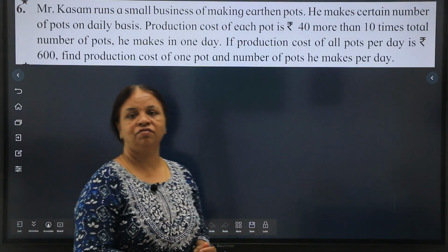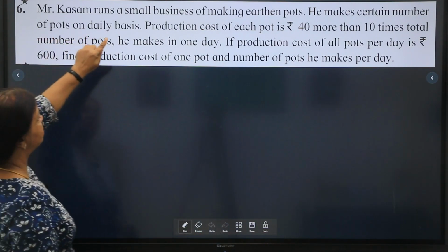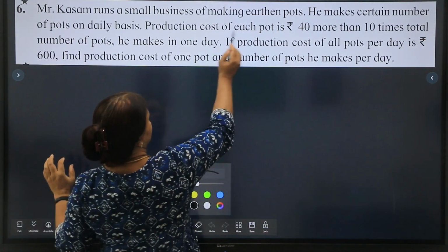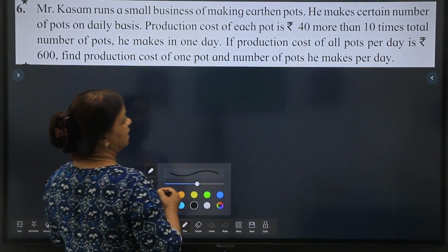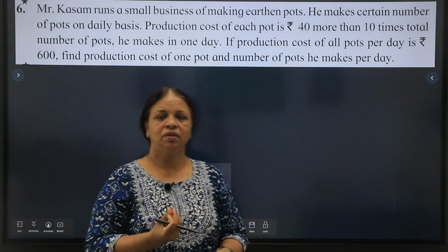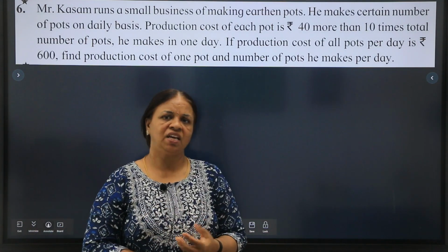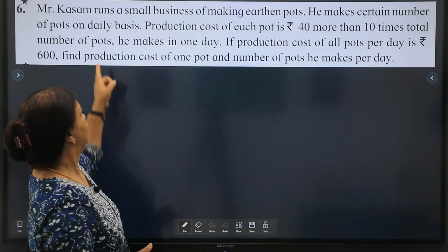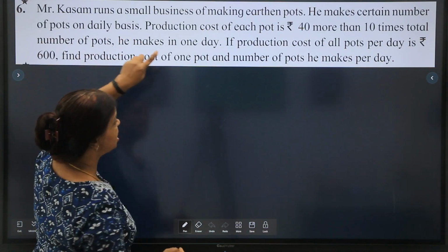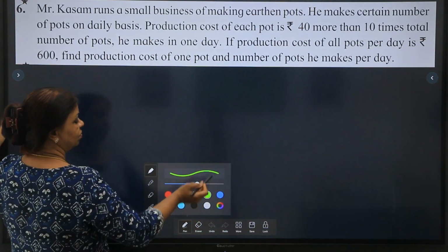Sixth question, children, from your exercise. Mr. Kasam runs a small business of making earthen pots. He makes a certain number of pots on a daily basis, a certain number which we don't know. We can assume it as X per day.